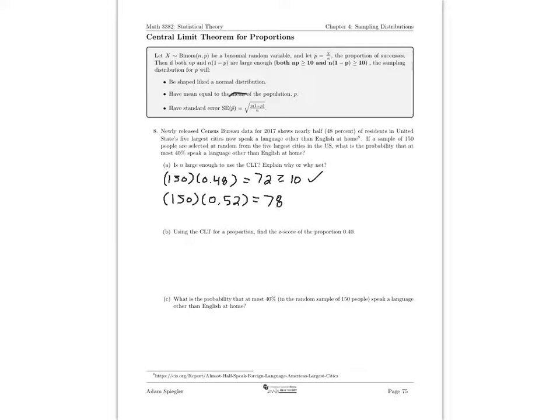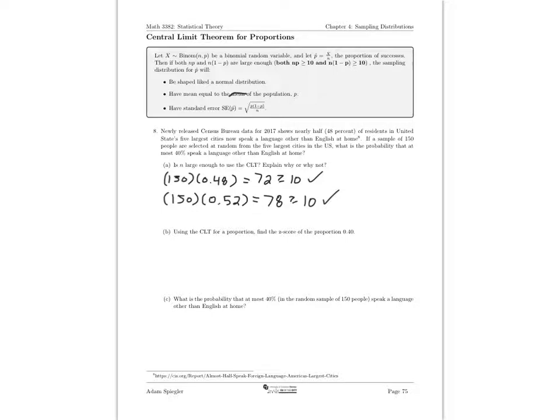That gives me 78. That is indeed bigger than 10. Great. So if I pick a sample of 150, I should expect to get about 72 people that do speak a language other than English at home, 78 that don't, and therefore each of those is bigger than 10, so we're good to go.